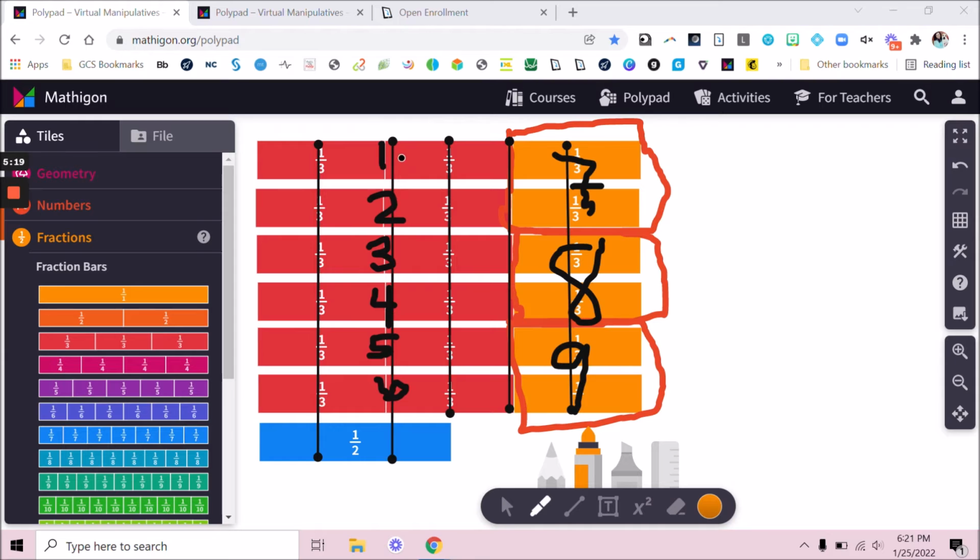So what you can see here is I was able to make 9 full batches, and then down here we have this random half. Well, we noticed that to make a full batch, we needed 4 of those smaller pieces. Well, we have 1, 2, 3 of the 4 smaller pieces that we need to make a whole batch.